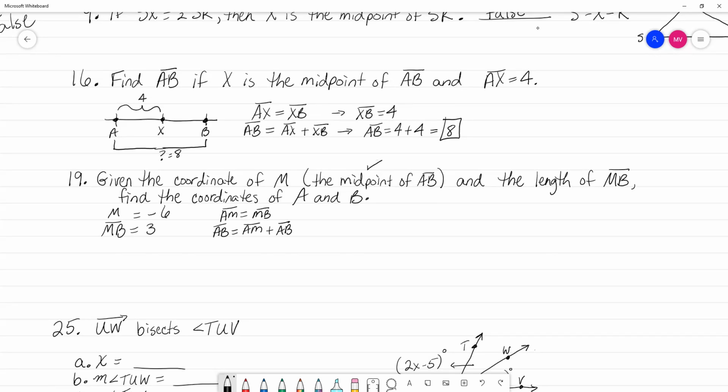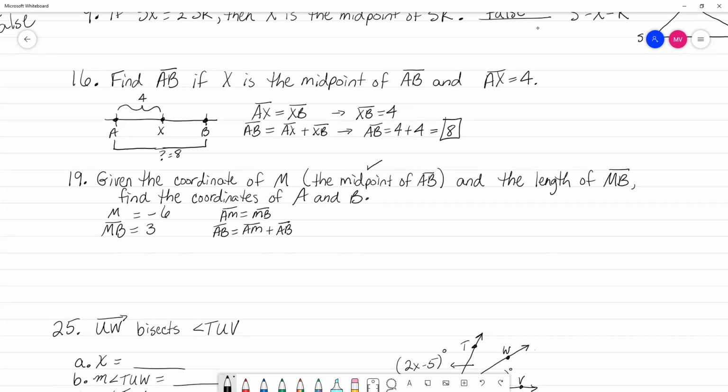So when we're finding coordinates and we're given the midpoint, we're using the distance formula to find our coordinates.